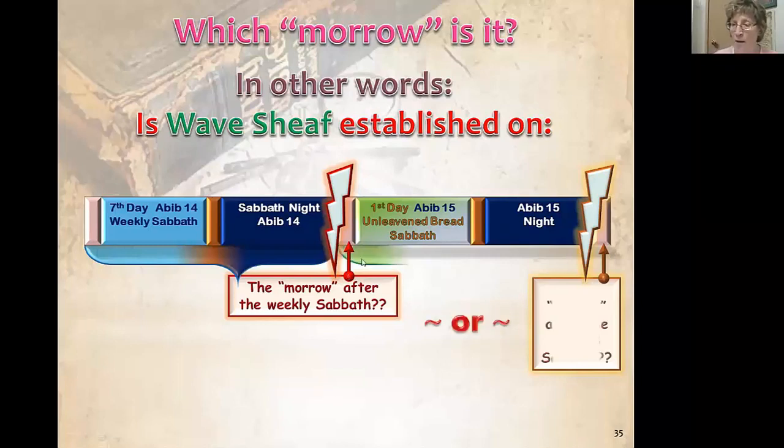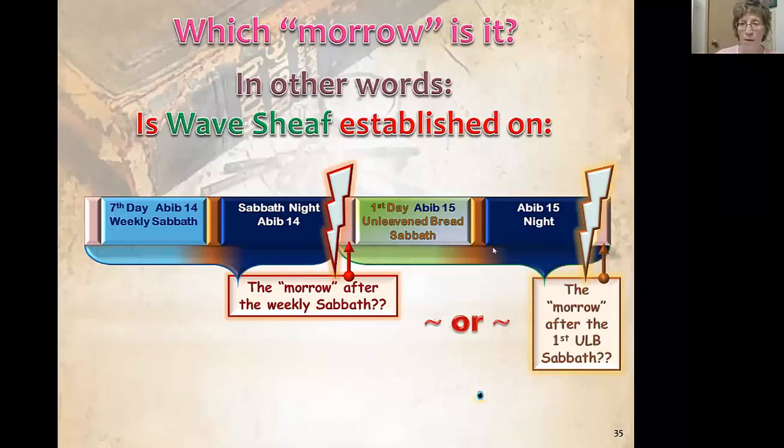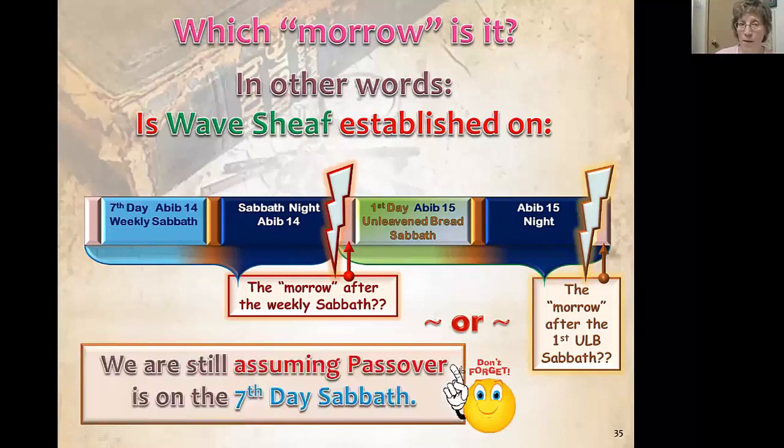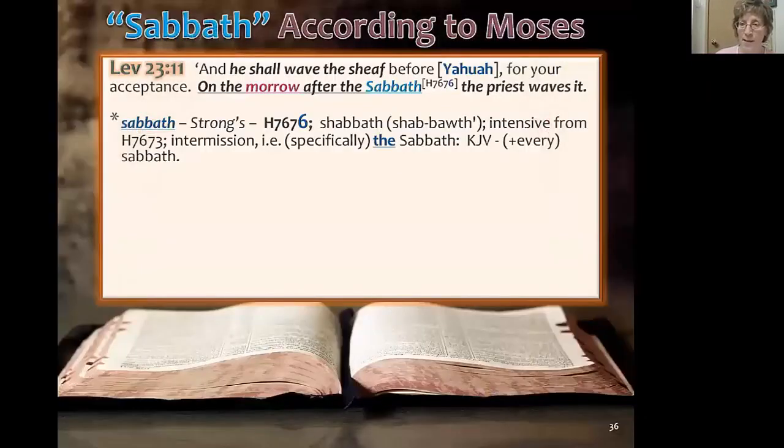Don't forget, we're still assuming that Passover is on Sabbath. We'll break this open. Well, let's look at the word Sabbath according to Moses, because he had to tell us which Sabbath it was. When we read it, and he shall wave the sheaf before Yahuwah for your acceptance. On the morrow after the Sabbath, and you can go and look, it is Strong's number 7676. That's when the priest is to wave it.